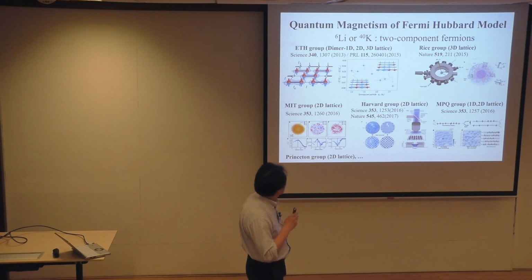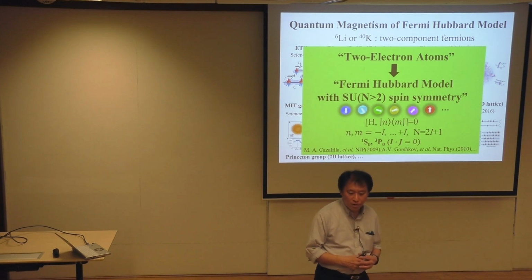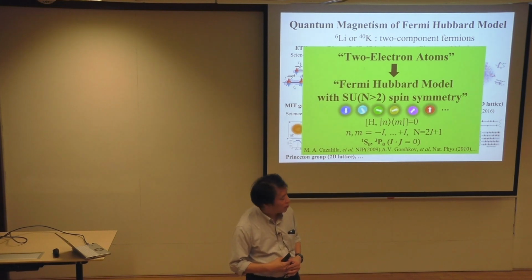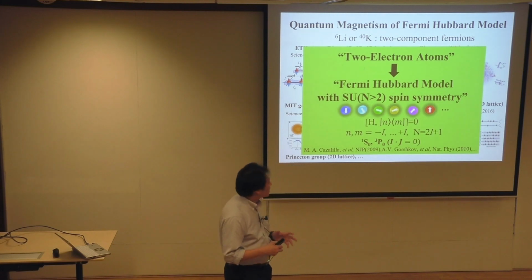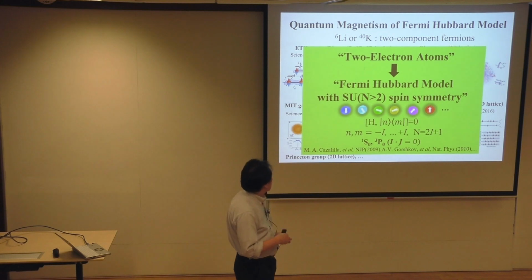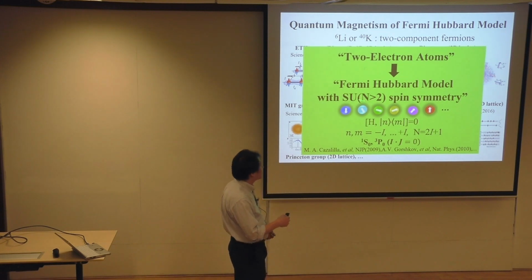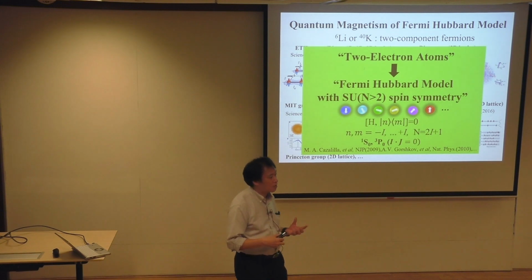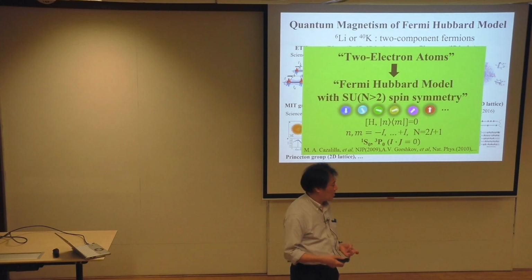But in our approach, we are working with two-electron atoms. So we can study the Fermi Hubbard model, but with an enlarged spin symmetry of SU(N) by using the nuclear spin degrees of freedom of two-electron atoms.